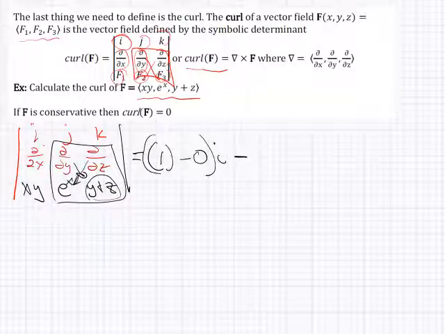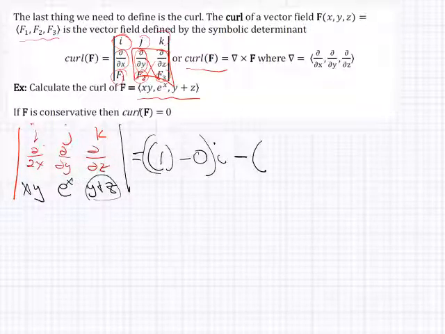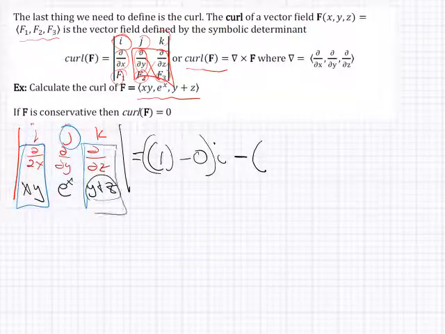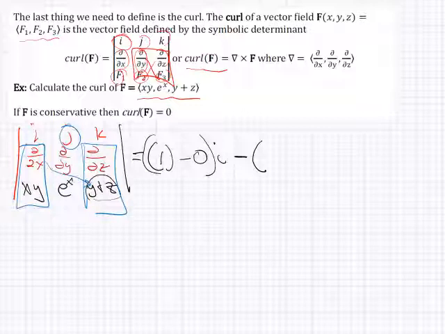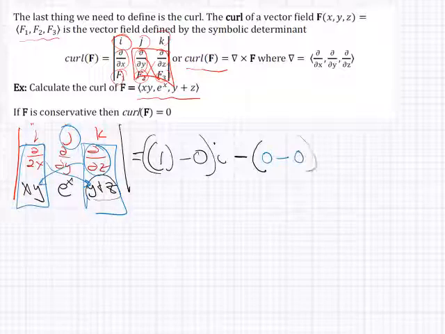The next one, we always put a minus in front of it. And since it's the j component, it's this one and this one. So we do the partial with respect to x for this, which would give me 0, minus the partial with respect to z of this, which would give me 0. That's my j.